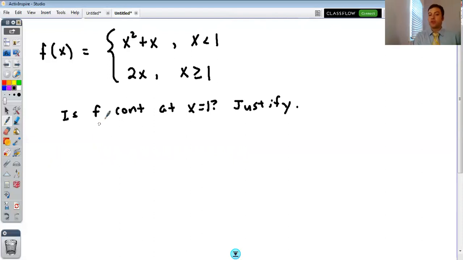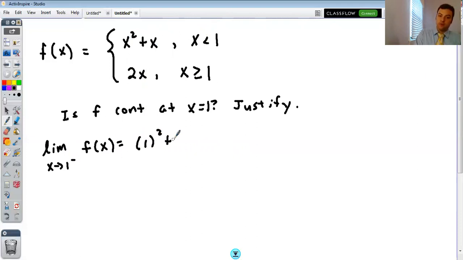All right, so what we're going to look at are the two one-sided limits. I'm going to begin with the limit as x approaches 1 from the left. In a piecewise, that would be the part that is obviously less than 1, the first part of this piecewise. So if we substitute 1 into the top part of this piecewise, we're going to get 2.